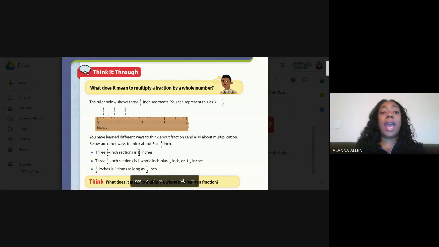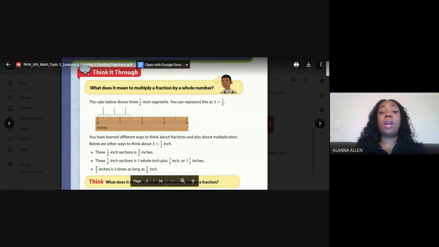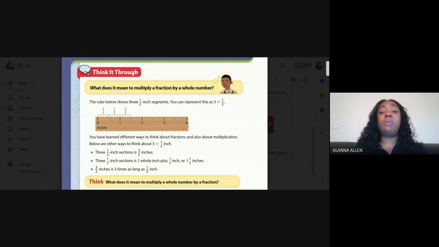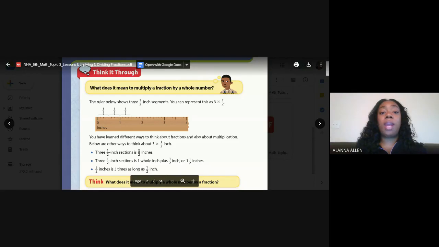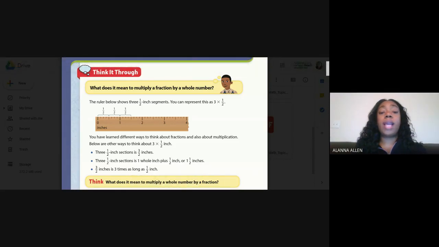So again, 3 1/2-inch sections is 1 whole inch plus 1/2 an inch, or 1 and 1/2 inches. Because if we were to convert this into a mixed number, we would do 3 over 2, the denominator goes into 3 one time with 1/2 inch left over. So it would look like 1 and 1/2 inch.